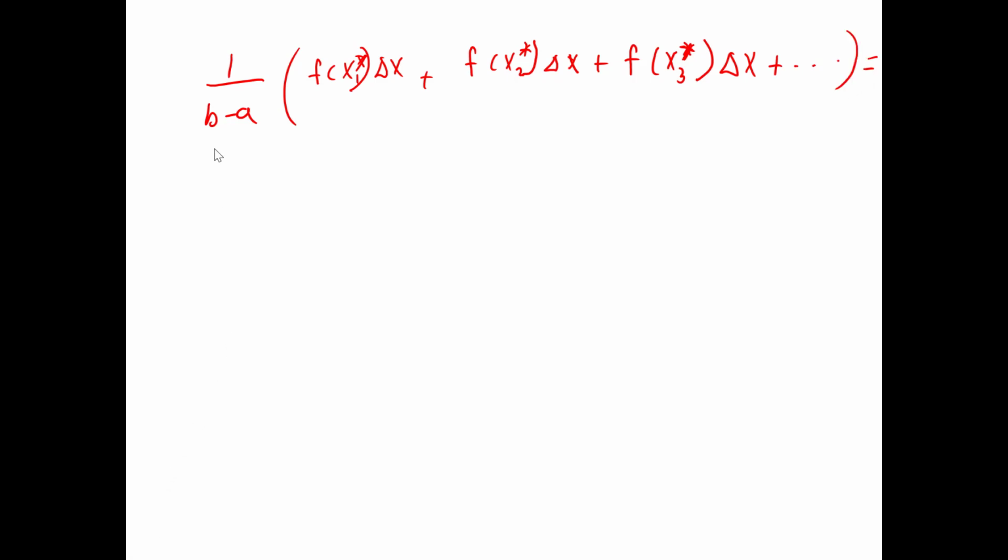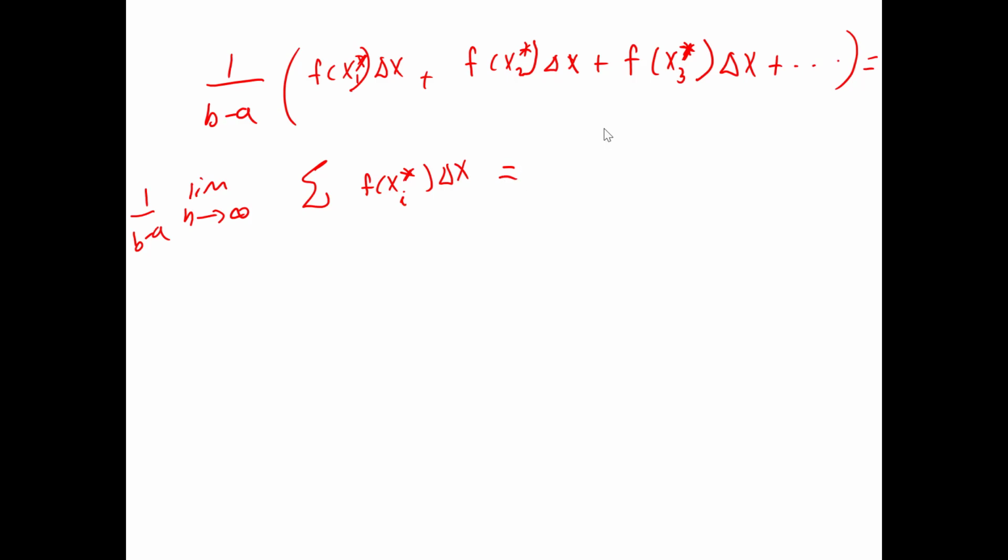So then if we take the limit as n goes off to infinity of the summation, this 1 over b minus a can come outside, and then this is the summation of f of x sub i star times delta x, and this looks just like a Riemann sum.